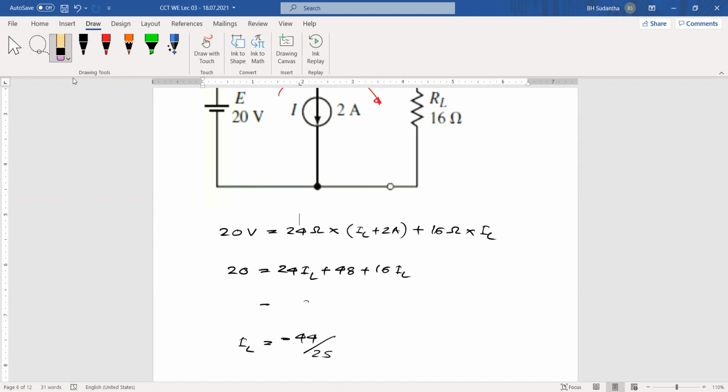Then minus 28 equals 40 IL. IL is minus 28 divided by 40. Minus 0.7 amperes.